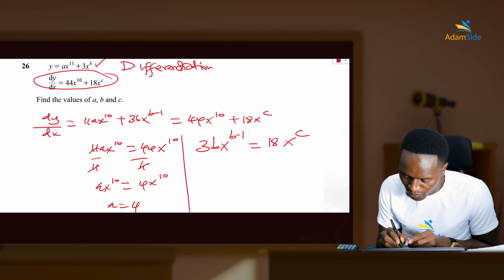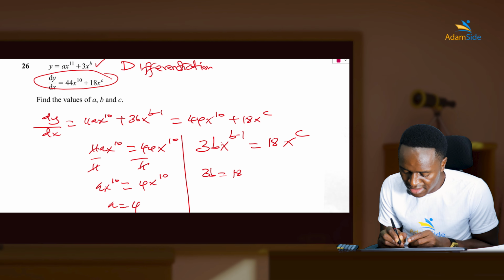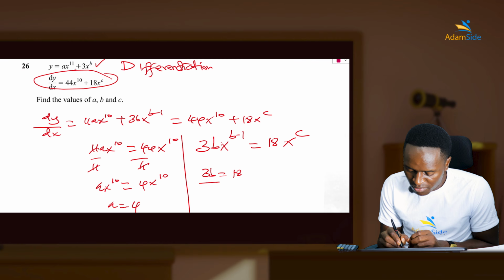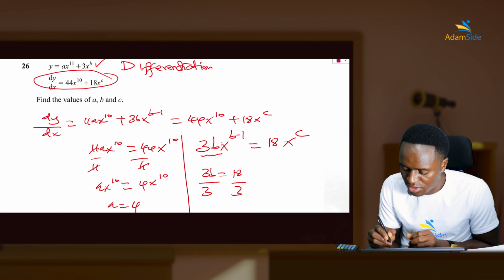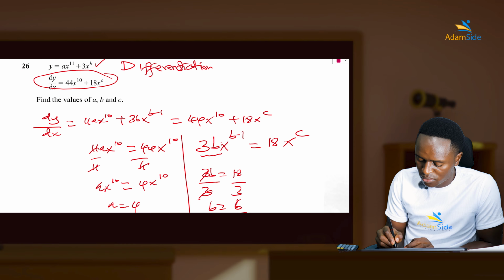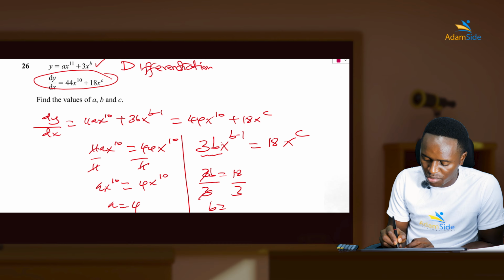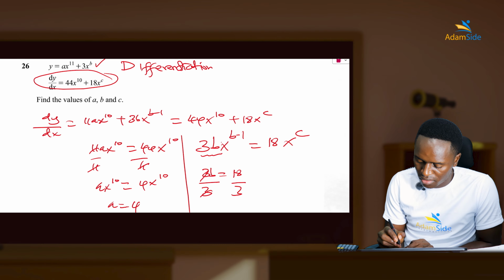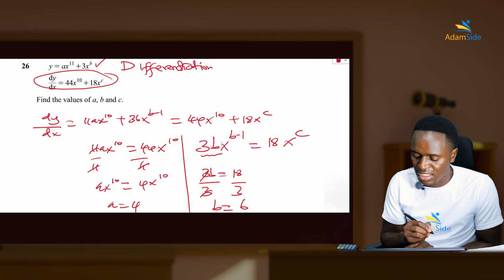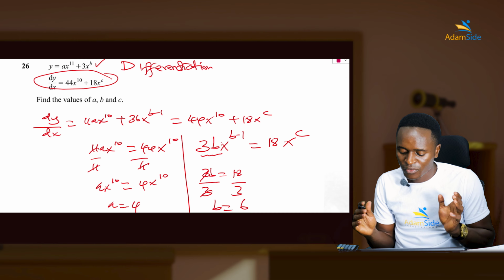Both of these are coefficients. So to get b, you divide by 3, and you get b is equal to 6. And then that's it.